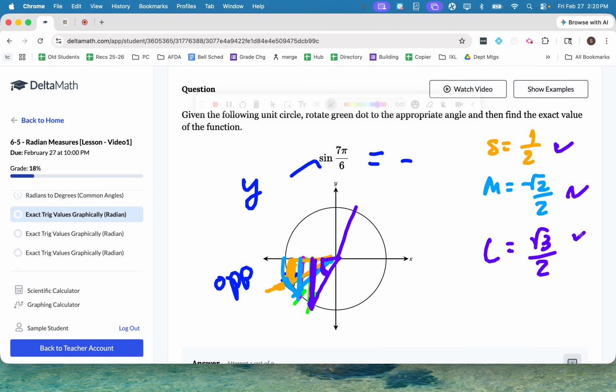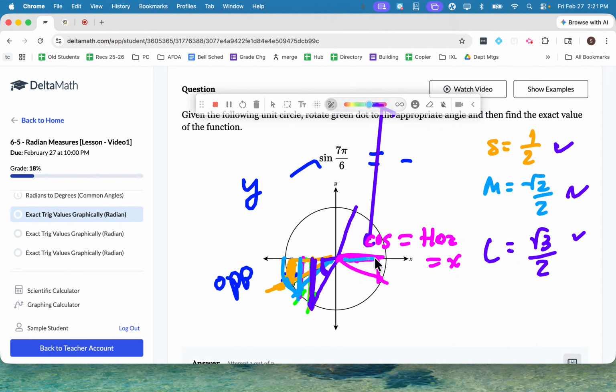And then for cosine, you're still going to have 3 different lengths. So cosine of this angle here is the long length. Cosine is horizontal. It's affiliated with x. So that length there is large.